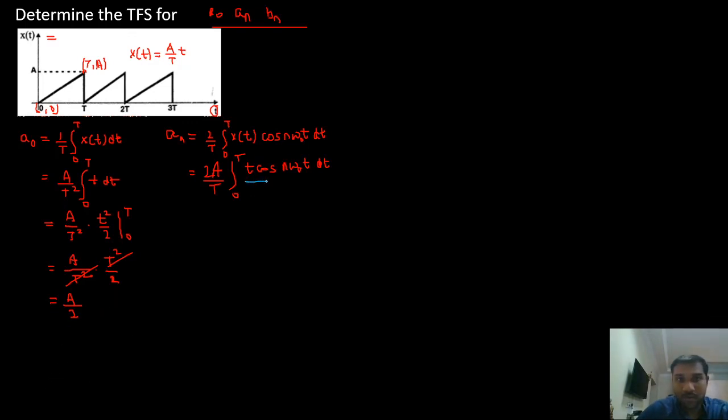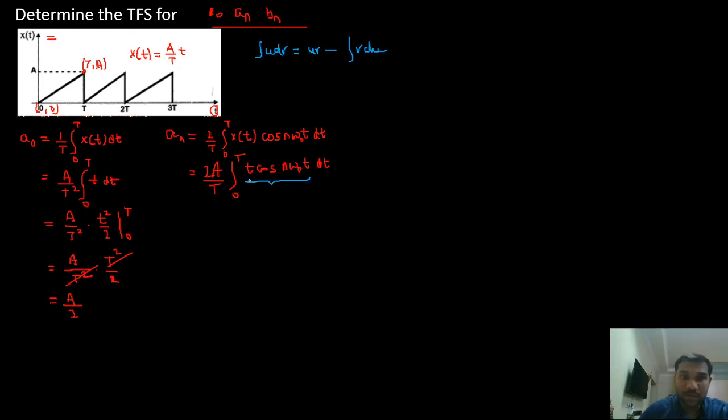So this we can take as u dv, right? We know integral u dv is equal to uv minus integral v du.